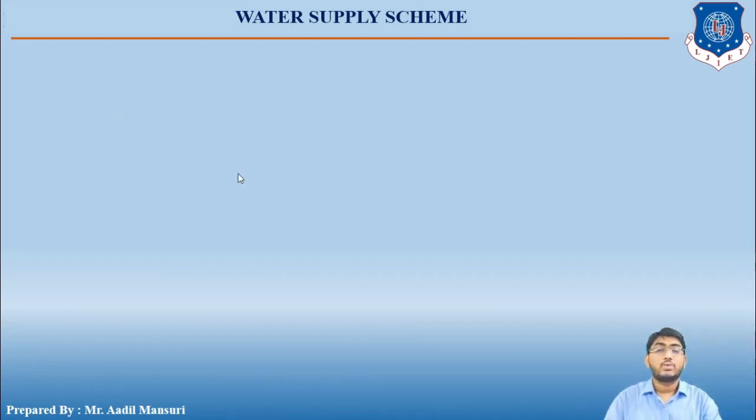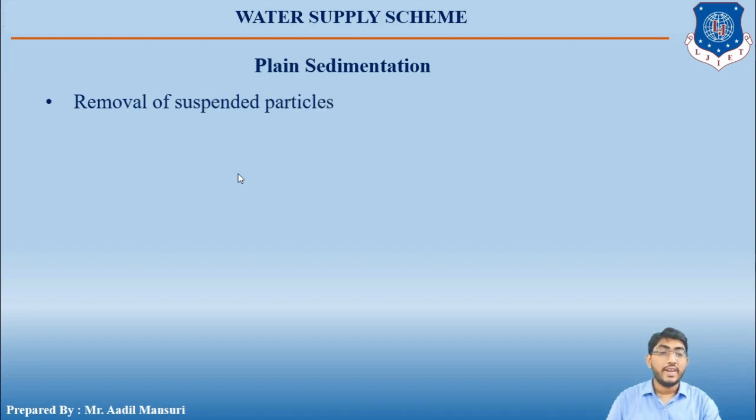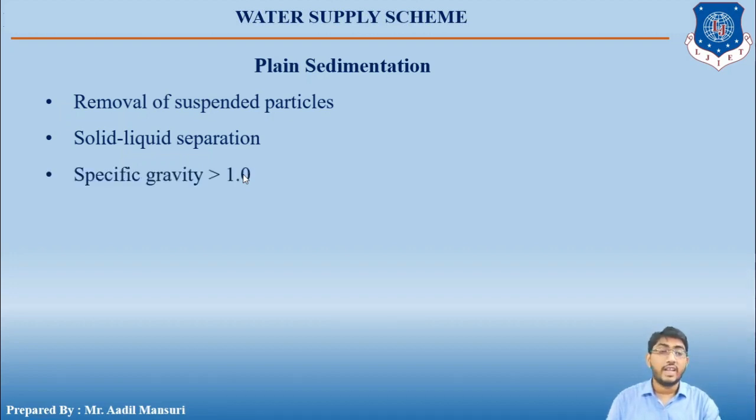Okay, students, let us now have a look at the new topic, that is plain sedimentation. Sedimentation is the removal of suspended particles by gravitational settling. By definition, sedimentation is a solid-liquid separation using gravity settling to remove suspended solids. Most of the suspended solids present in water possess a specific gravity greater than that of water, that is 1.